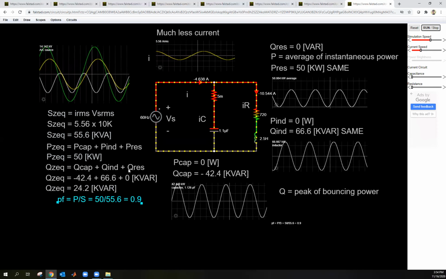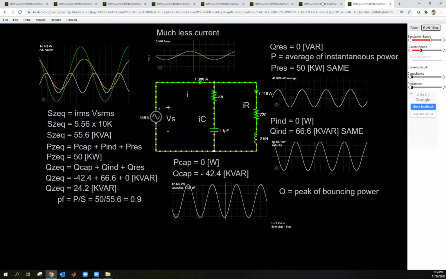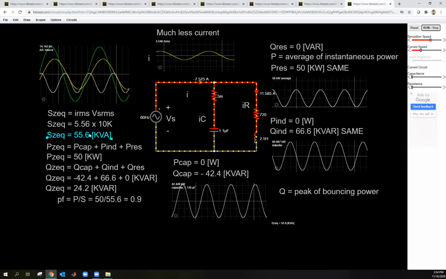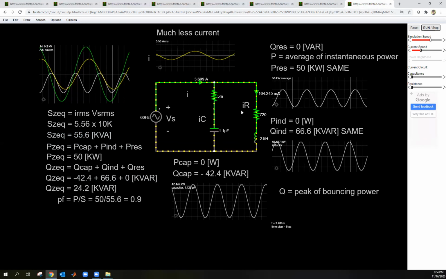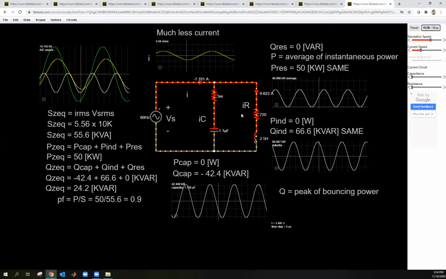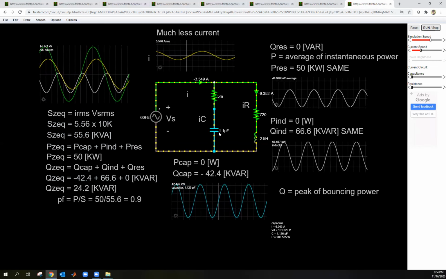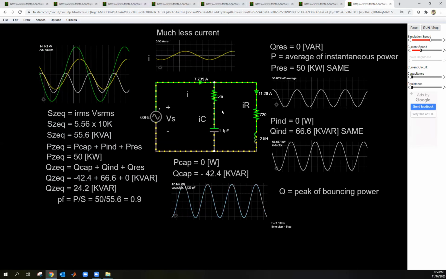And so this is your 90% power factor. And look, the overall apparent power is much less. Instead of 83 kilovolt amps, it is 55.6 kilovolt amps. So much better. So I hope this gives you a visceral, visual understanding of why we power factor correct and how it's so much better, right? And this is your 1.13 or 1.126 value, okay?